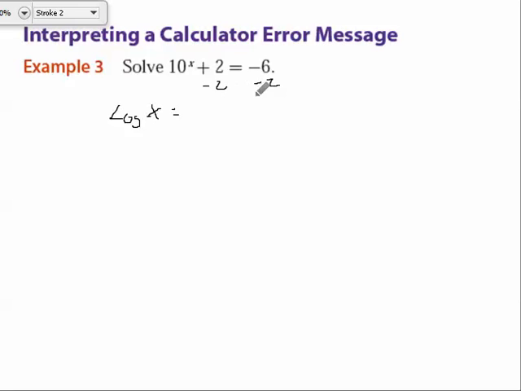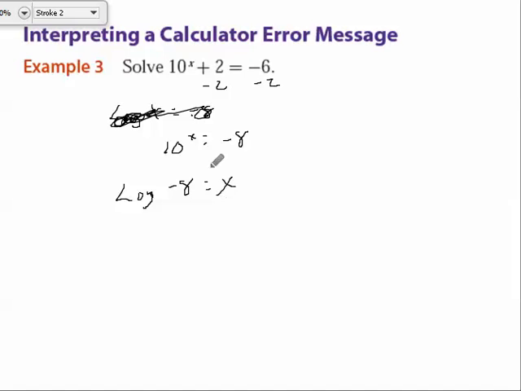The reason I wanted to subtract that 2 from both sides of the equation was I want to make certain that I have it as a single value. So I would have 10 to the x is equal to negative 8. Now I'm going to take the log of both sides, and it's going to be the log base 10 of negative 8 will be equal to x.